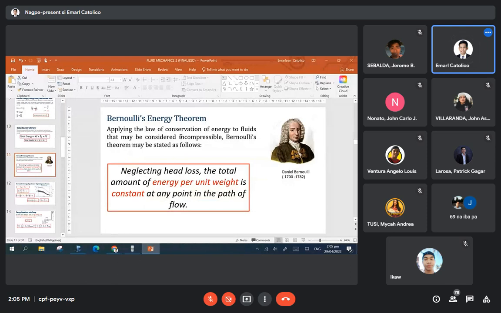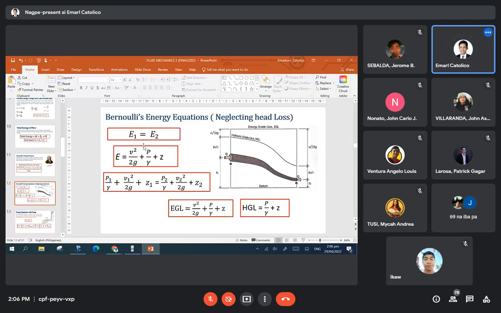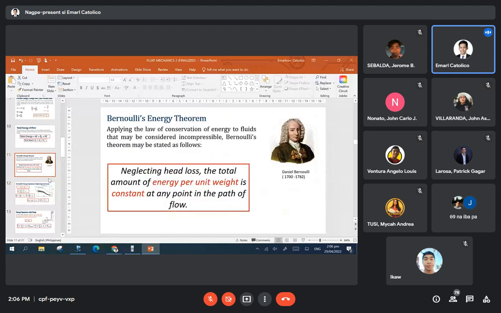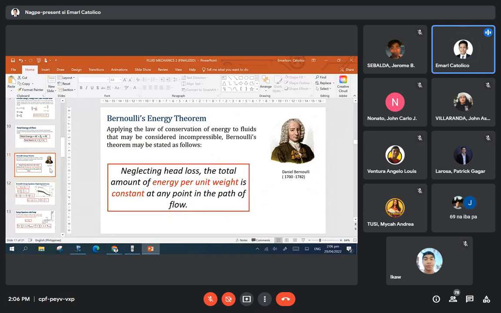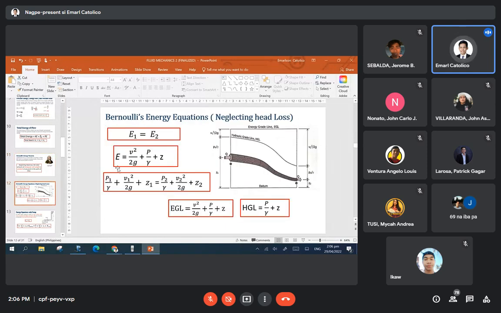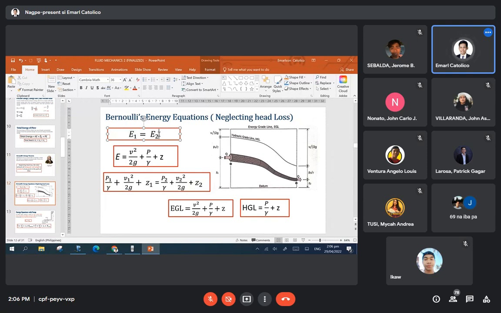So according to Dr. Bernoulli, applying the law of conservation of energy to fluids that may be considered incompressible, Bernoulli's theorem may be stated as follows. Neglecting head loss, the total amount of energy per unit weight is constant at any point in the path of flow. So pag nineglect mo yung head loss, sabi ni Sir Bernoulli, yung energy natin per unit weight is constant. So energy 1 is equal to energy 2.